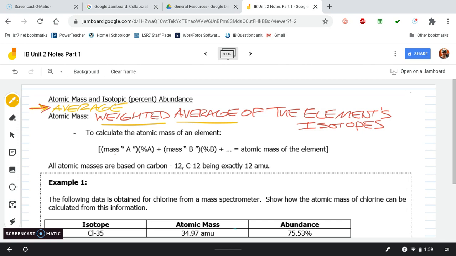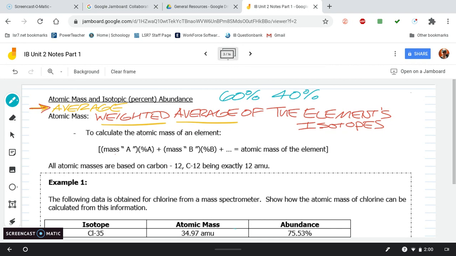So if 95% of something is what you find in nature, then it gets weighted more heavily towards the average atomic mass. So it's kind of like your grade, right? So you have a grade in this class. And currently the grade scale we're running is 60% of your grade is your tests, your assessments, and the other 40% is everything else. So you take your percent times 0.6 and your percent times 0.4, and add those up, and that's your grade.